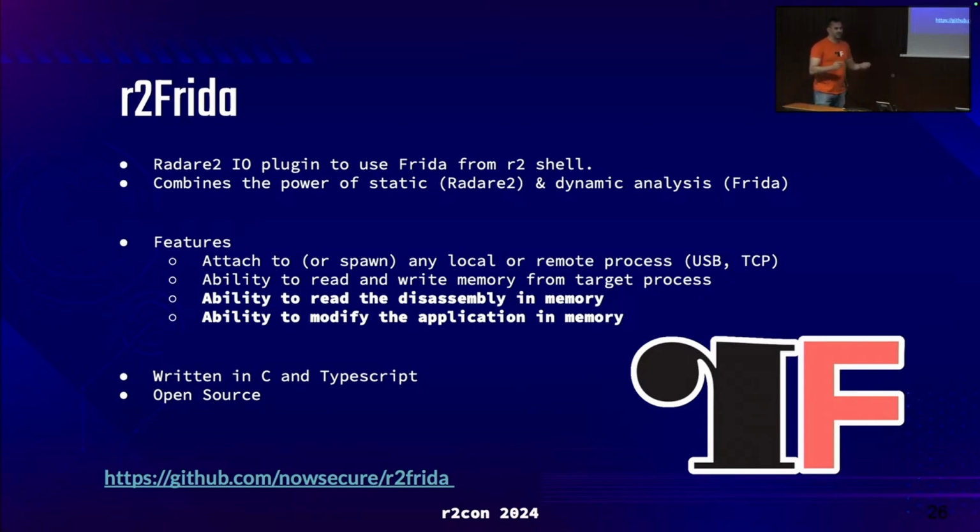If I crash the game, I can just restart it and continue playing with it. And I can even call methods. I can identify a function, for example the add gems function, and use r2frida to call this function. And if you remember, you know exactly the arguments expected by the function. So it's super straightforward. If it expects a pointer, I just create a pointer with the expected output, and there you go.